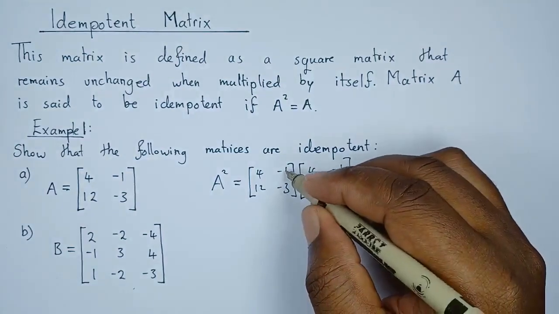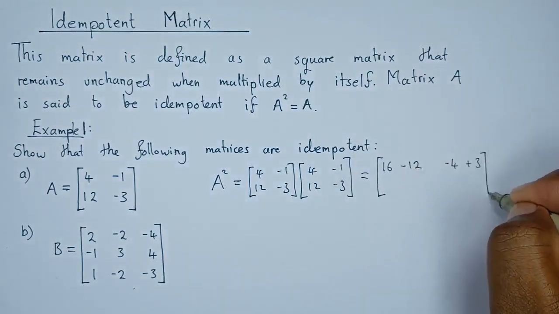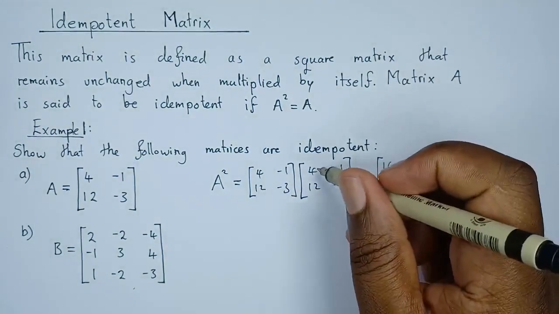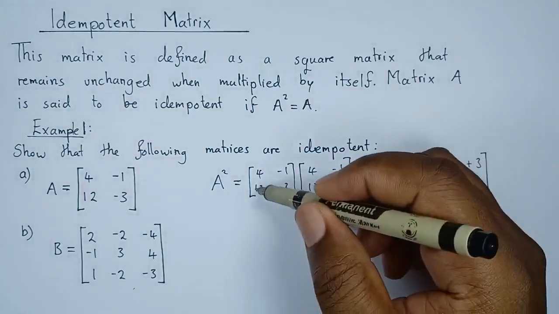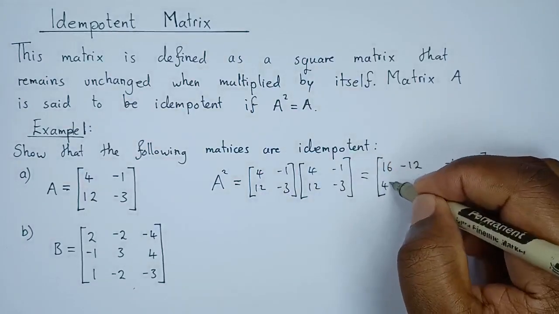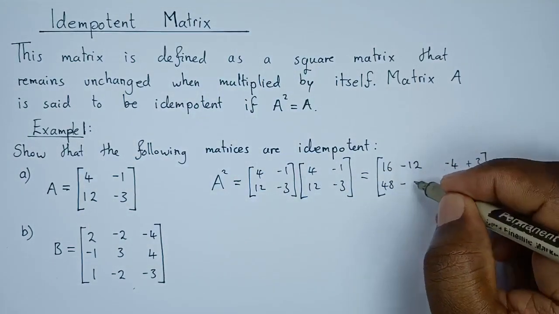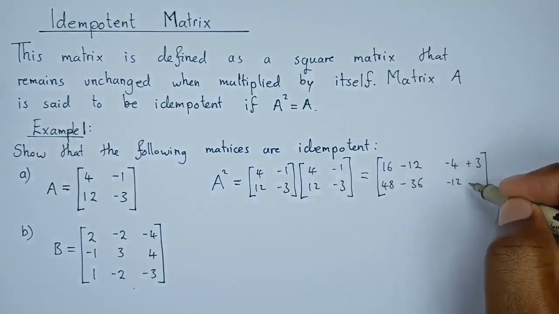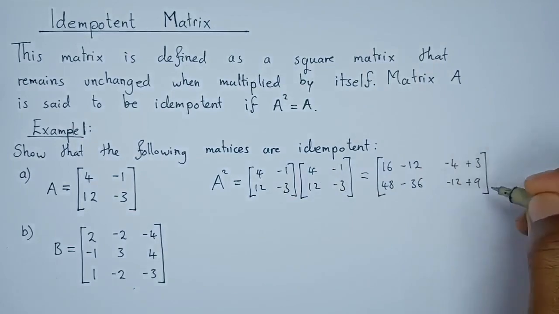Then negative 1 times 3, we'll have a positive 3. 12 times 4 should get 48. Then 3 times 12, we should get minus 36. 12 times negative 1 is minus 12. And lastly, 3 times 3 will have a positive 9.